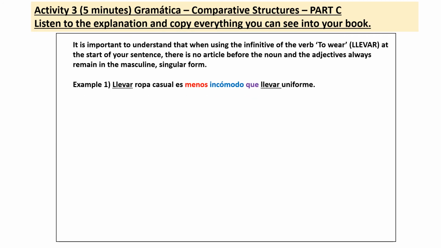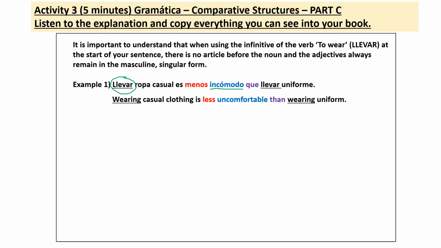Let's look at an example. Llevar ropa casual es menos incómodo que llevar uniforme, which means wearing casual clothing is less uncomfortable than wearing uniform. Now you can see here, I've got the infinitive llevar, which means my adjective between the menos and the que must remain in its masculine and singular form.